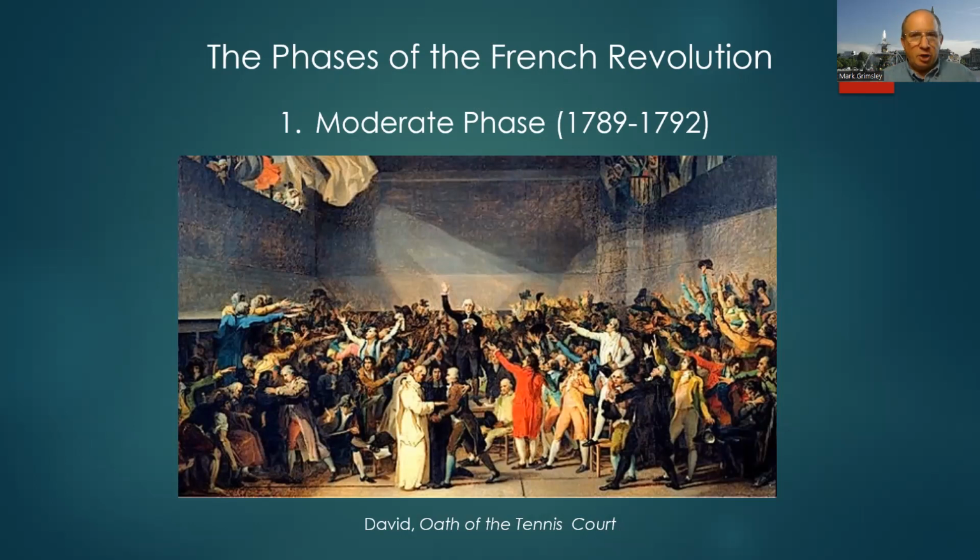They did this in the famous Oath of the Tennis Court. Finding themselves locked out of their regular meeting hall by royal officials, they met in this capacious indoor tennis court to swear an oath that these members would not disband until France had a constitution.